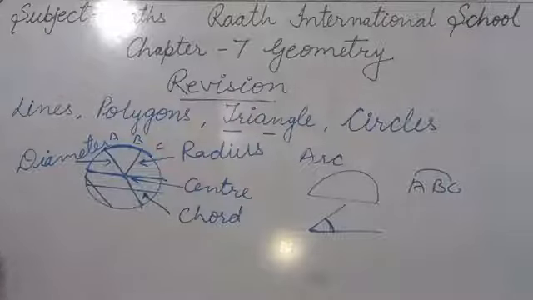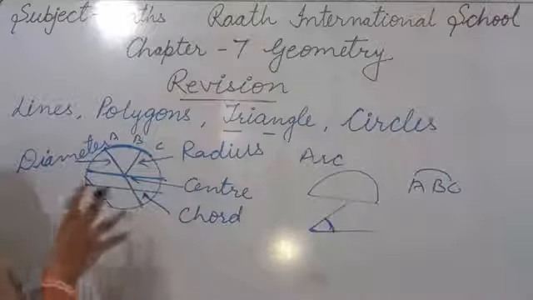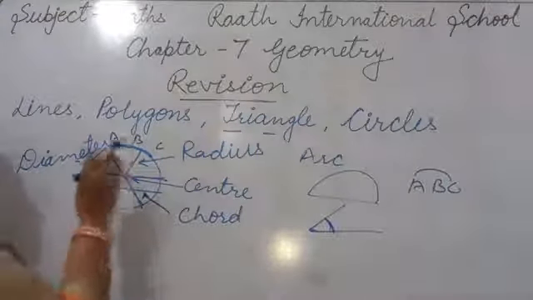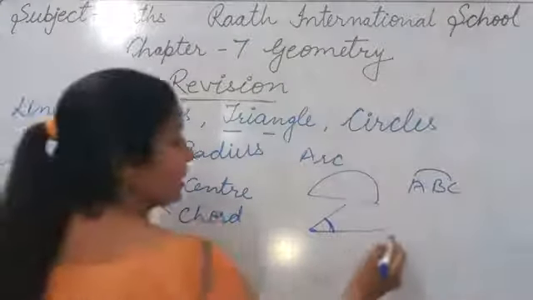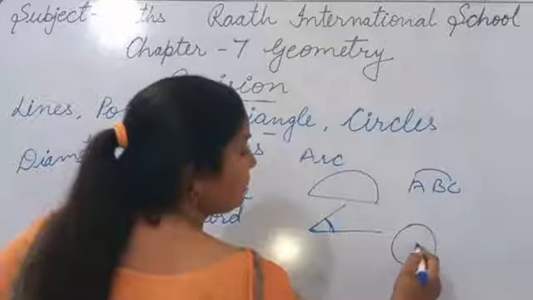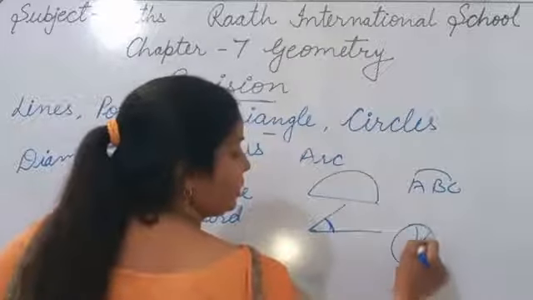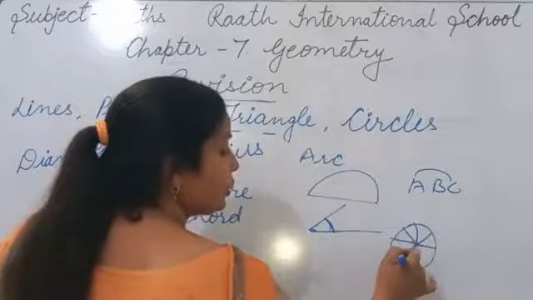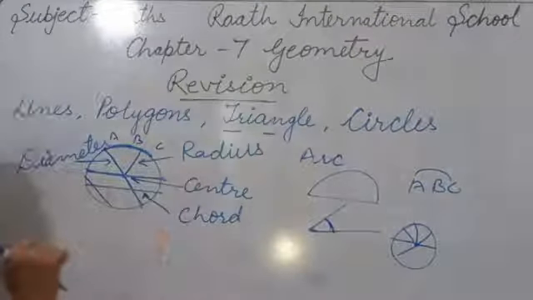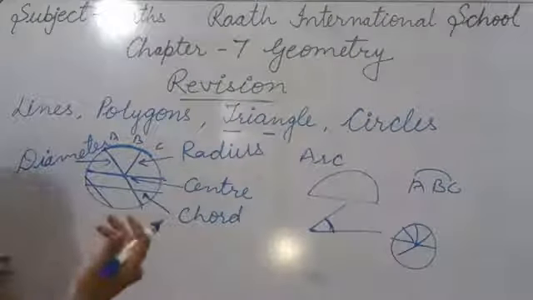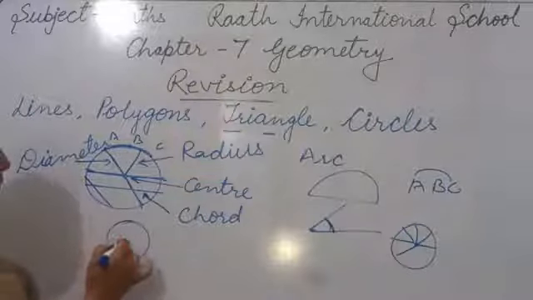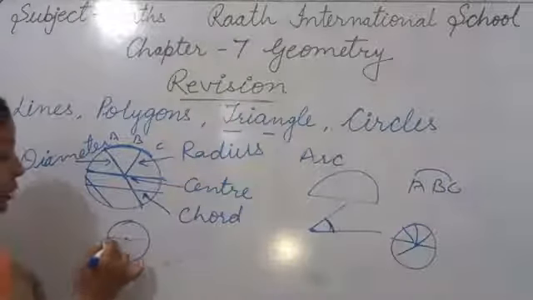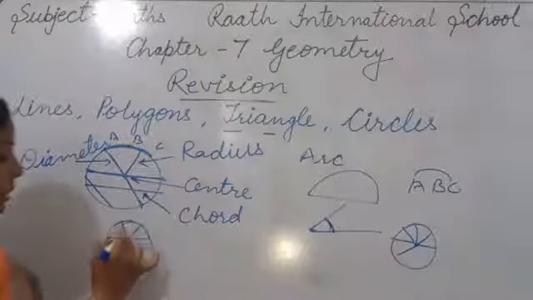So these are the different parts of the circle. In a circle we can make infinite radii. We can make radius infinite, like we made a circle, and in it we can make any number of radii. There is an infinite number of radii. Diameter also infinite, as the center is here, so we can make any number of diameters.